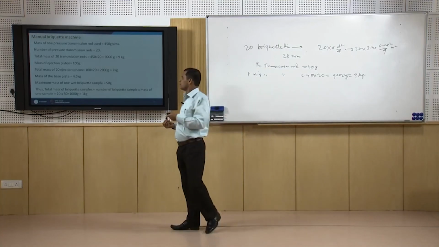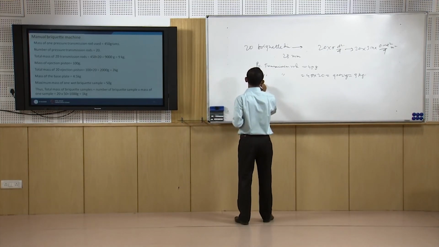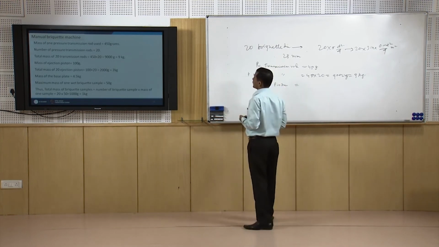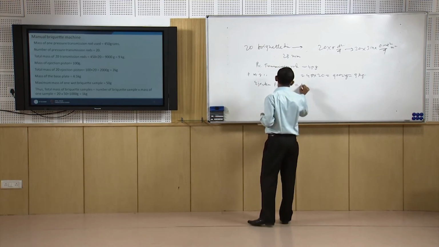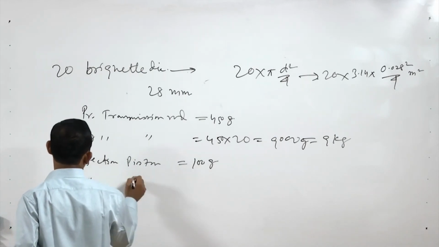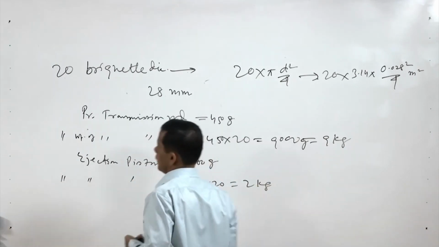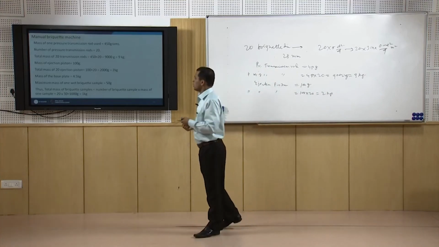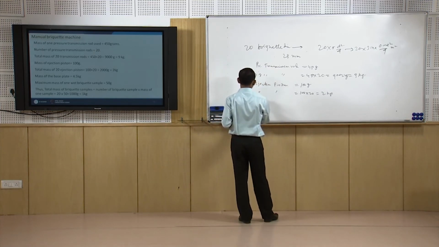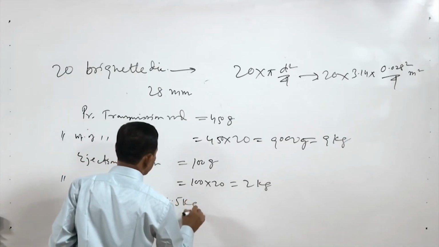Now the ejection pistons: the mass of an ejection piston is given here, 100 gram for each. So the total ejection piston mass will be 100 into 20, that is equal to 2 kg. The mass of the base plate is given as 4.5 kg.